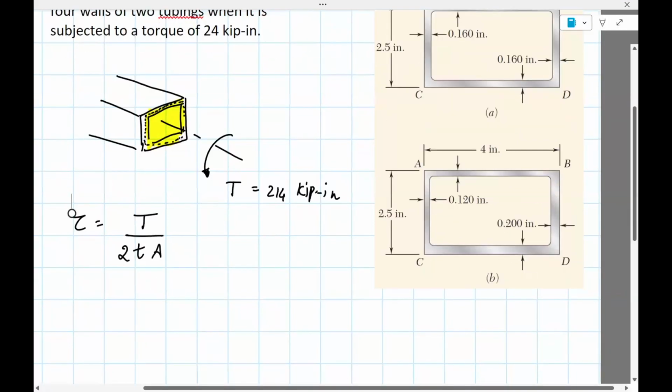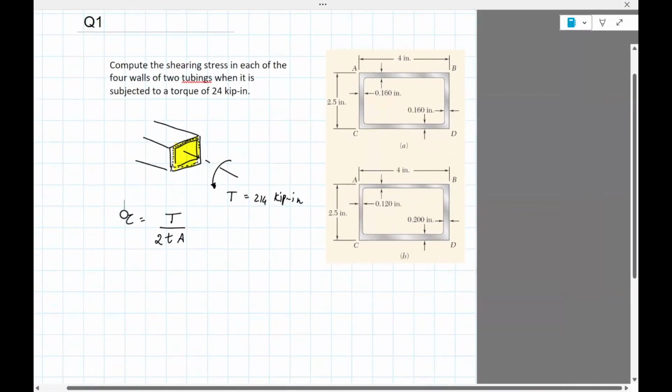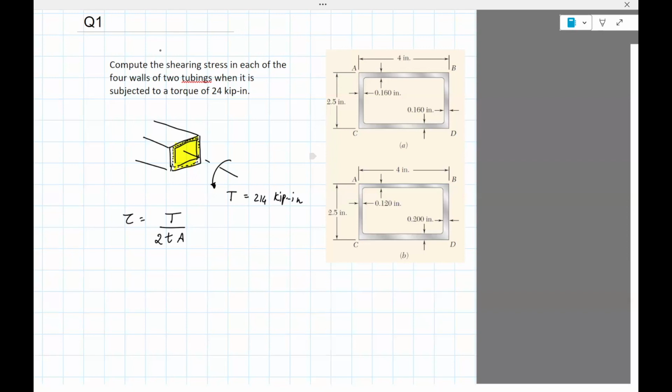Okay, so there are two beam sections. You can see that the way they differ is they probably have different cross-sectional area A, or maybe not. We'll have to check. They also have uniform thickness on the one on top, A, and the one below, B, has different thicknesses.